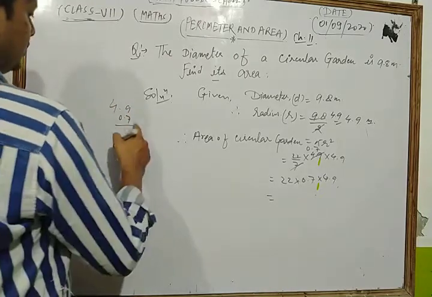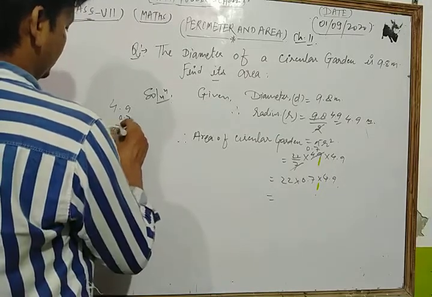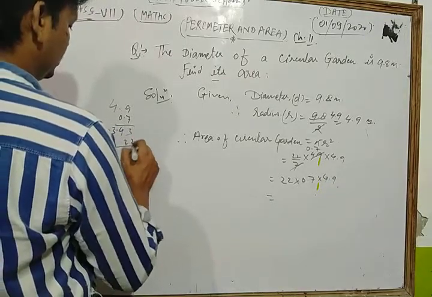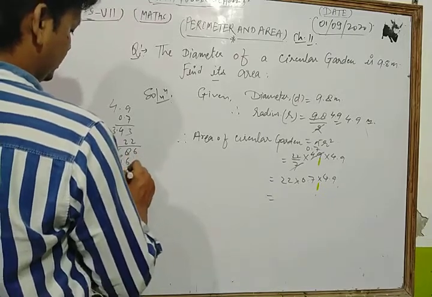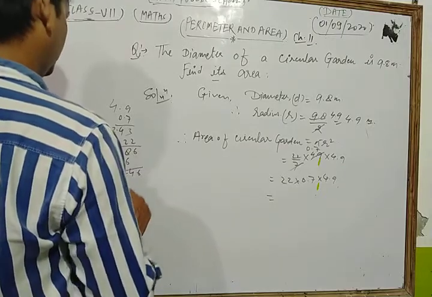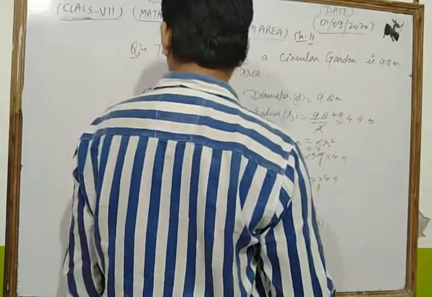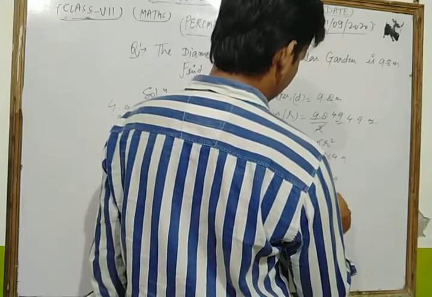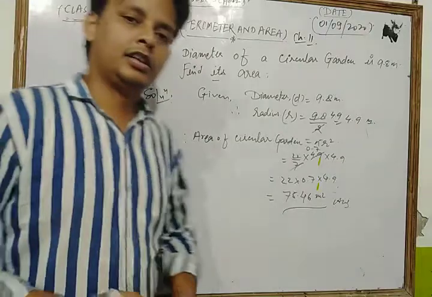We get 3.43, and we multiply by 22. We get 75.46. So after multiplying we get 75.46 meter square. Dear students, this is the area of the circular garden.